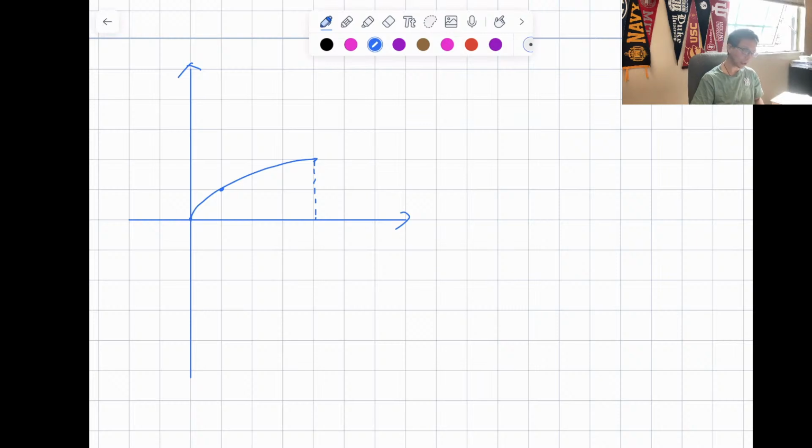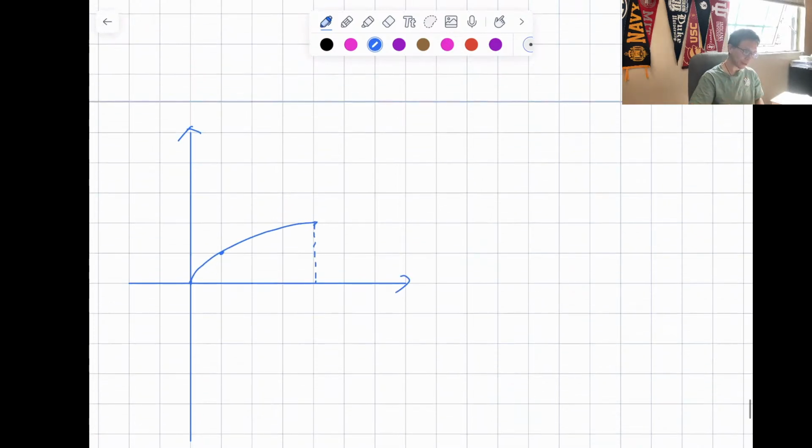So for me, if you have certain things, I will probably always draw the axis of rotation first.